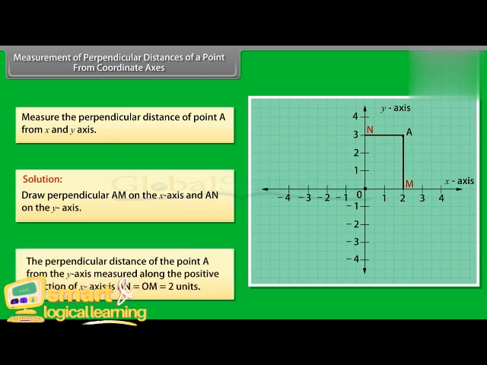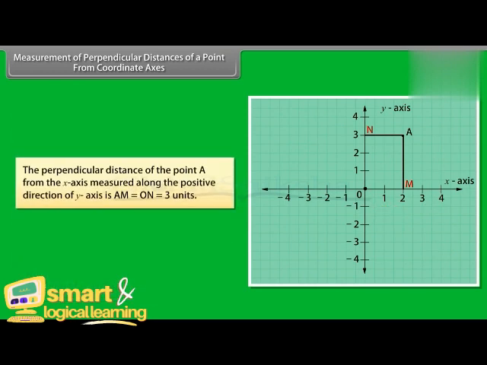We can see that the perpendicular distance of the point A from the y-axis measured along the positive direction of x-axis is AN = OM, which is equal to 2 units. And the perpendicular distance of the point A from the x-axis measured along the positive direction of y-axis is AM = ON, which is equal to 3 units.